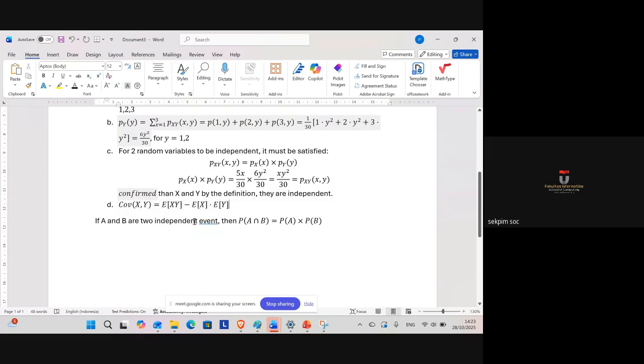So from this formula, we need to determine the expectation of xy, expectation of x, and expectation of y.